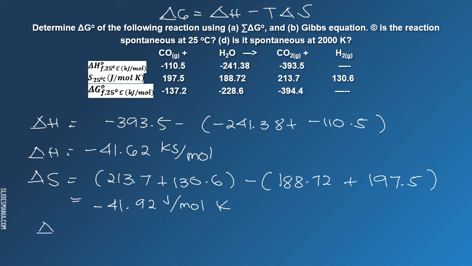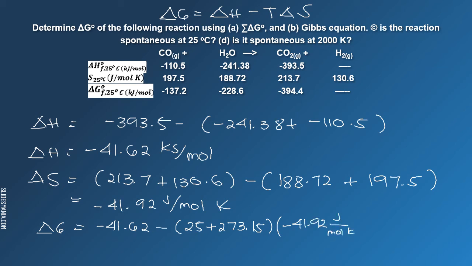Now we could calculate. So delta G is equal to negative 41.62 minus the temperature, 25 degrees Celsius, so 25 plus 273.15 to convert it to Kelvin, times our delta S, negative 41.92 joules per mole Kelvin, and then we convert it to kilojoules.